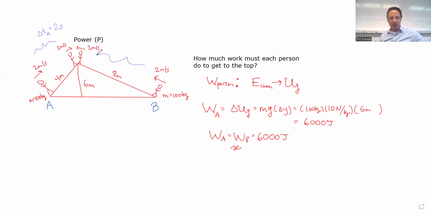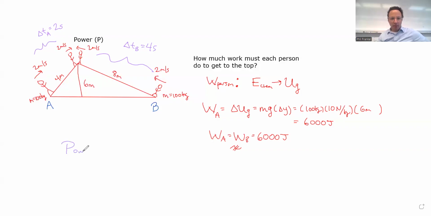On the other hand, person B is kind of taking their time. They're going up the more gradual side of the mountain here. They have to move 8 meters, and they're moving at a rate of 2 meters per second. So delta T for person B is 4 seconds. Although they did the same amount of work, person A had to do that work in a much smaller amount of time. And this is what the idea of power is all about.